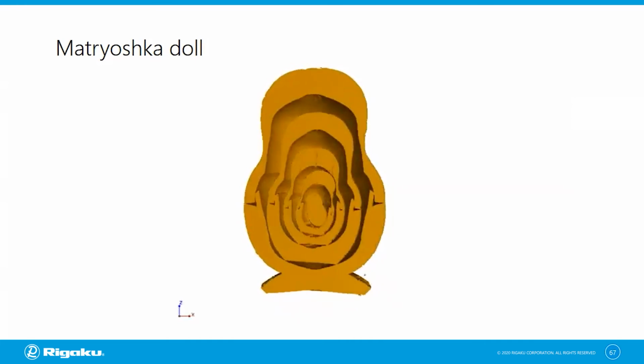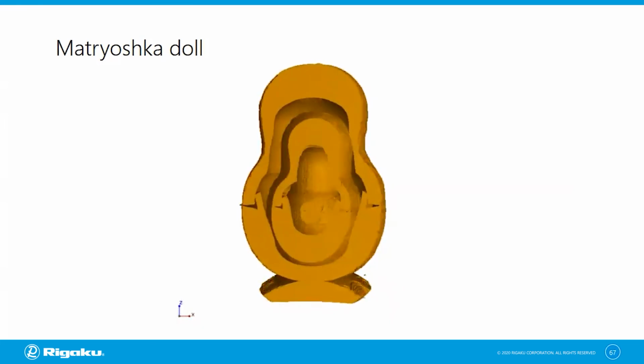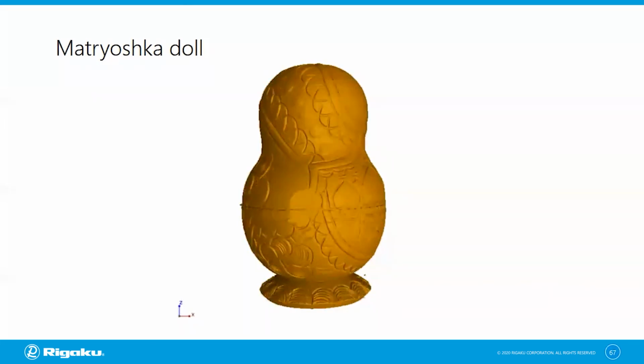What we're seeing here is just a 3D rendering image, but we can define the surface, and let's take a look at one cross section. This green line is the defined surface. And you can take whatever measurements you want using this CT scan and the defined surface. So let's take a look at the height.